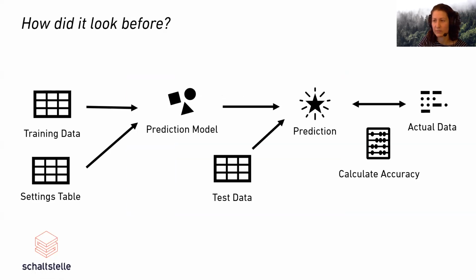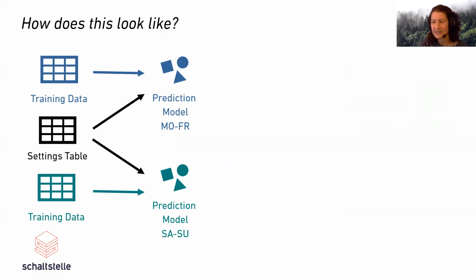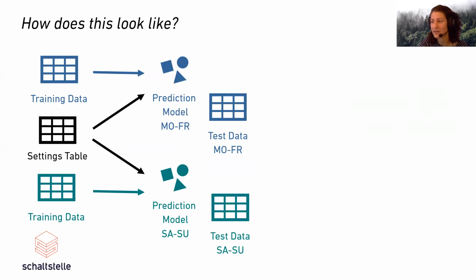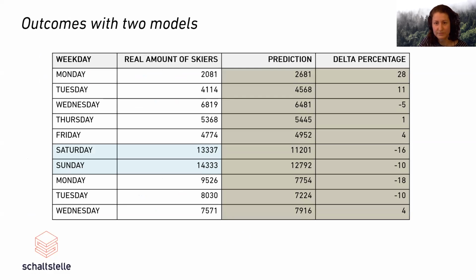With one model, we had this setup, and now with two models, the setup just doubles. We have two prediction models because we have two training data sets. We have two test data sets and get a prediction for weekdays and one for weekends that we can combine with a select statement again to get the predictions over the whole week.